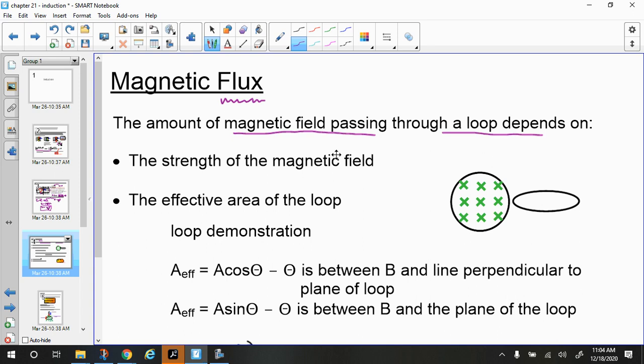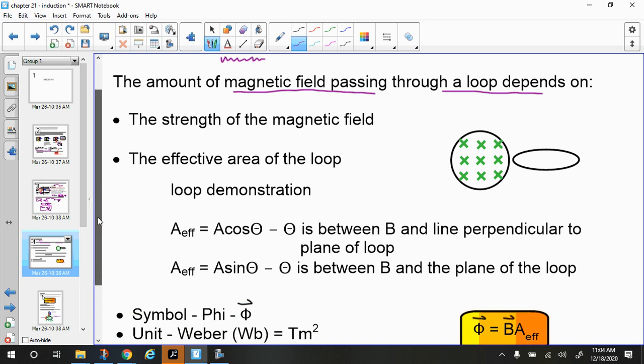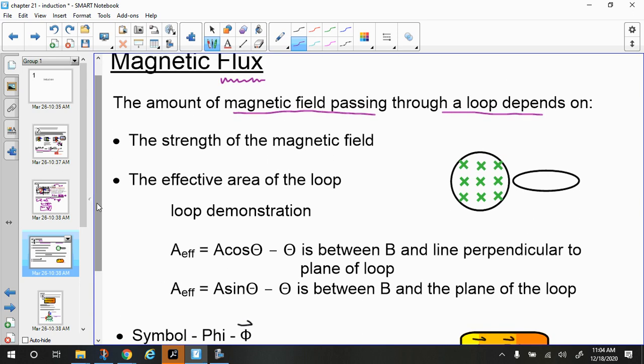And it depends on several things. It depends on the strength of the magnetic field. So a stronger magnetic field will have more magnetic field passing through a loop. It also depends on the effective area of the loop. If the magnetic field is perpendicular to the plane of the loop, then that would be the maximum area. But the loop could also tilt.